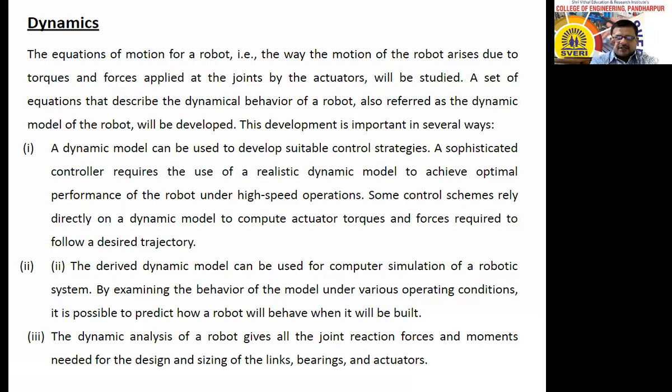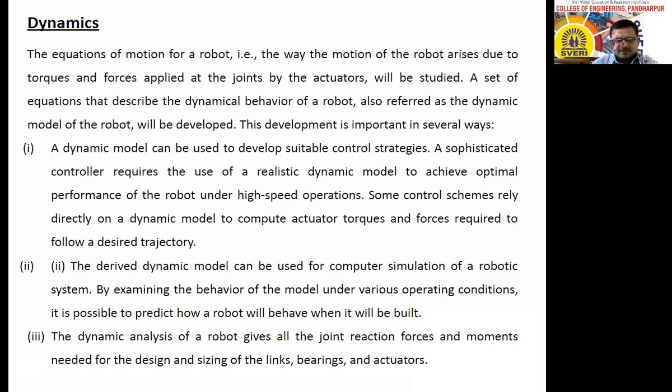This development is important in several ways. A dynamic model can be used to develop suitable control strategies. A sophisticated control requires the use of a realistic dynamic model to achieve optimal performance of the robot under high-speed operations.